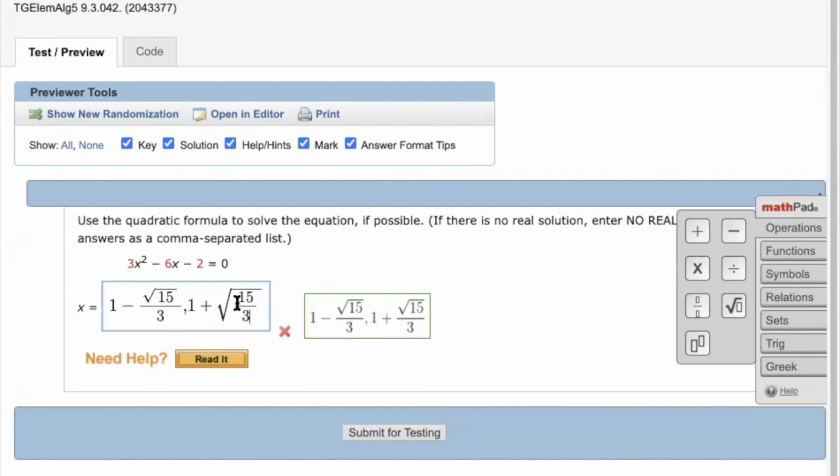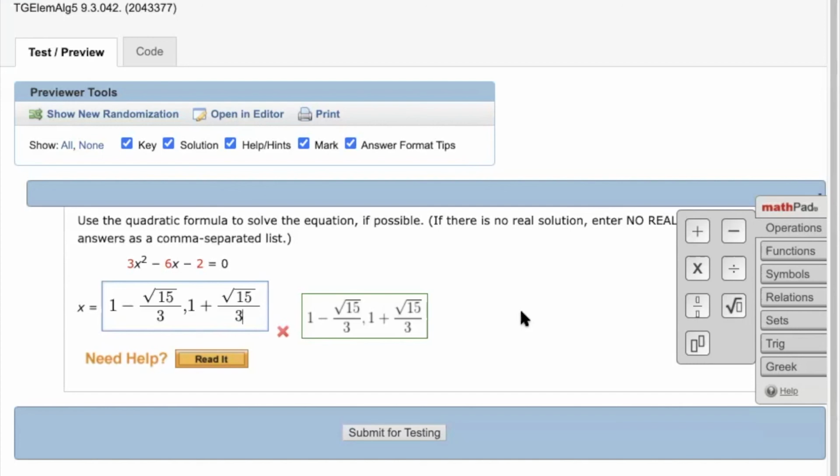So just double check that when you enter this, you've got the fraction button option first, and then the square root in the numerator. I'm going to put in the 15 and then the 3, and then I can't click submit. Submit for testing is something else entirely. So you just have to imagine that I submitted it and WebAssign says, yay, you got it.